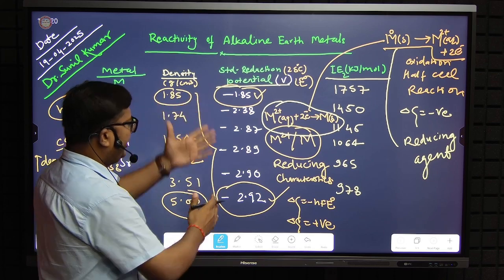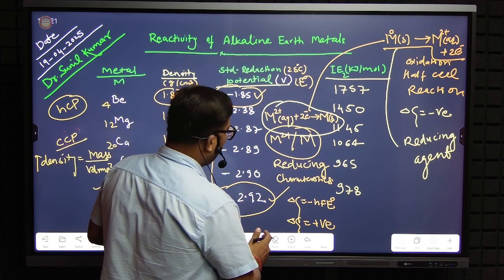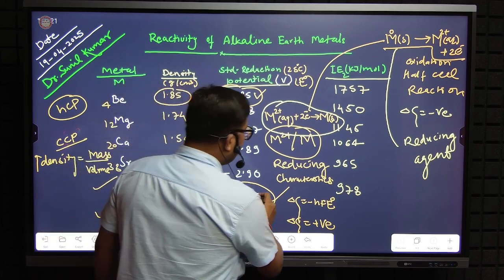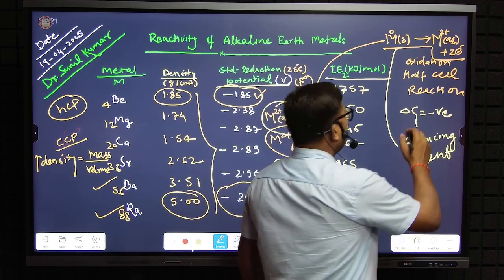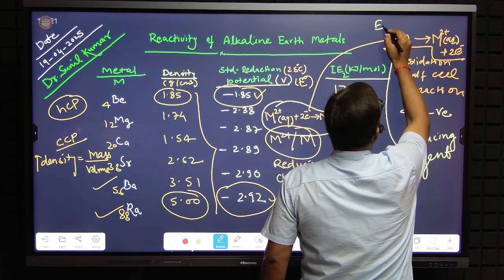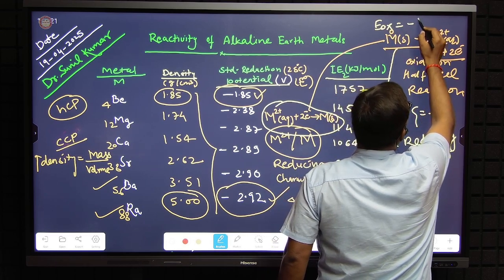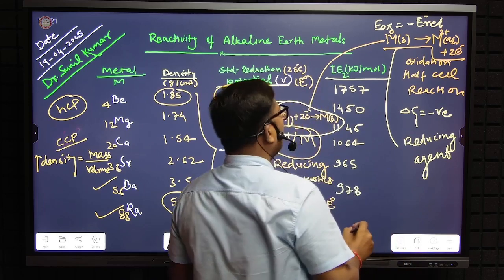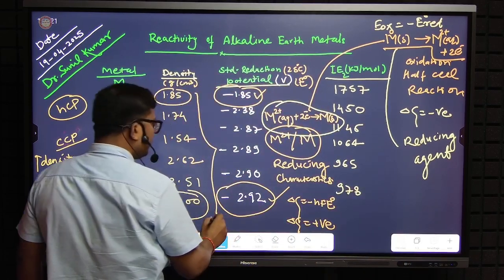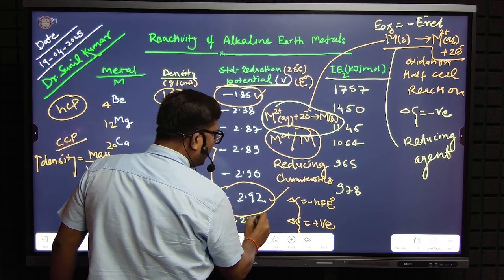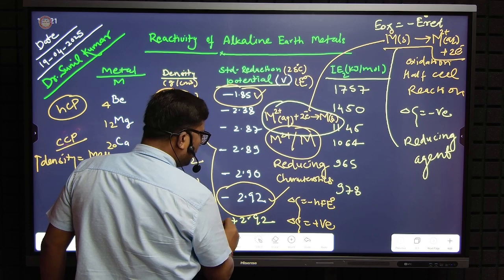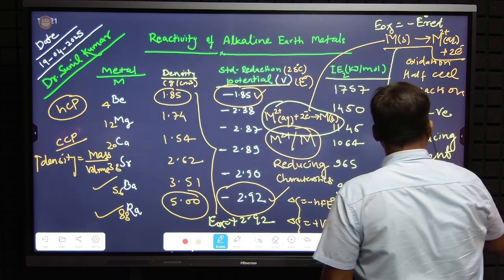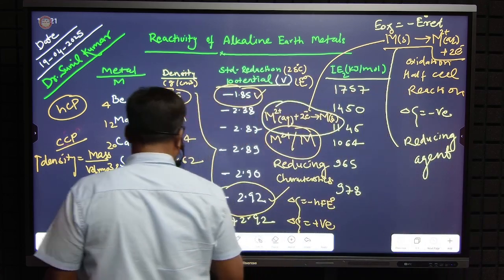From the data, you clearly see that minus 2.92, it has large positive oxidation potential, because here E ox is equal to minus of E red, right? So the oxidation potential here is plus 2.92 E ox. So more negative delta G occurs in case of radium.